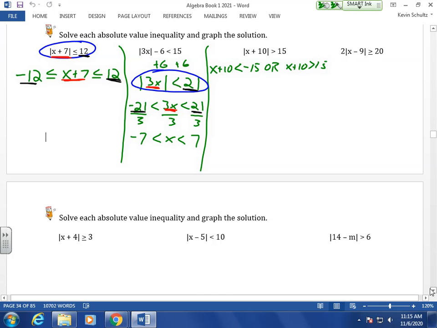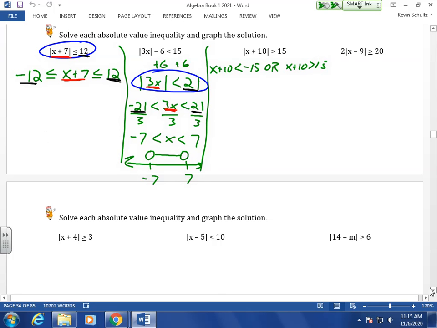Okay. Our graph shows that x is between negative 7 and positive 7, and any value within that range will make the original inequality true. So someone give me their favorite number in between negative 7 and positive 7.